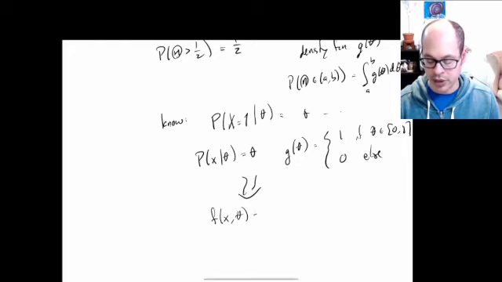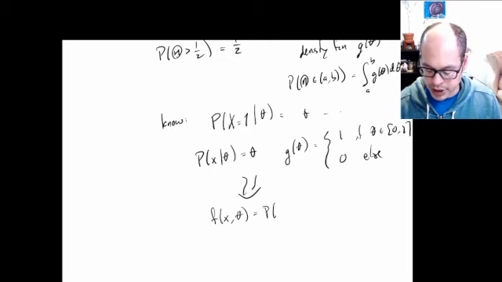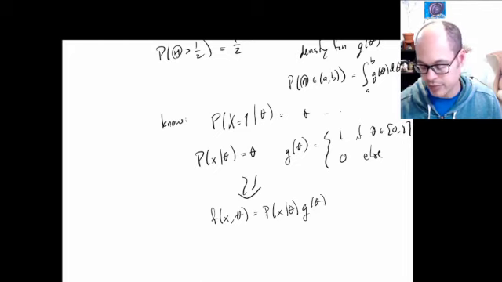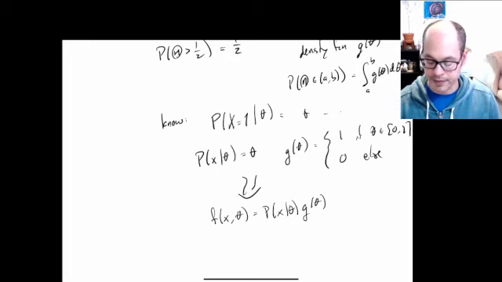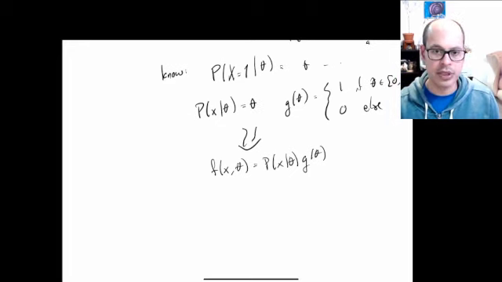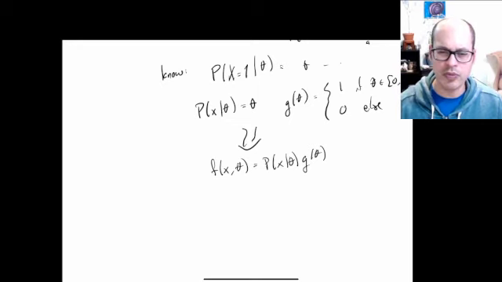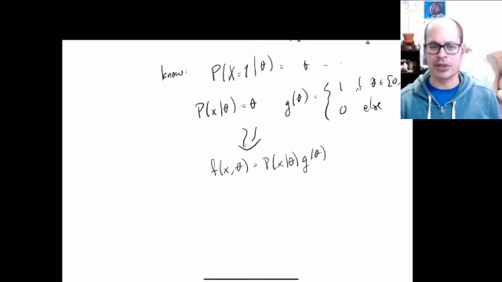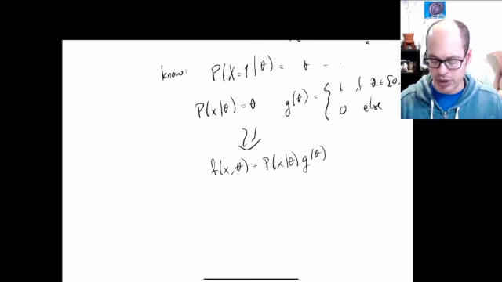It's kind of a joint distribution density function. And this is going to be the probability of x given theta times the density function for theta. Okay, so this is kind of a post hoc reconstruction way of thinking about what this joint density function is.